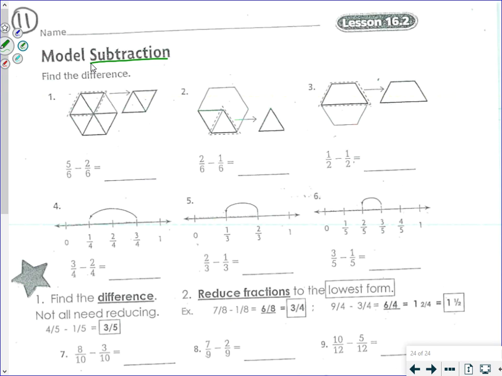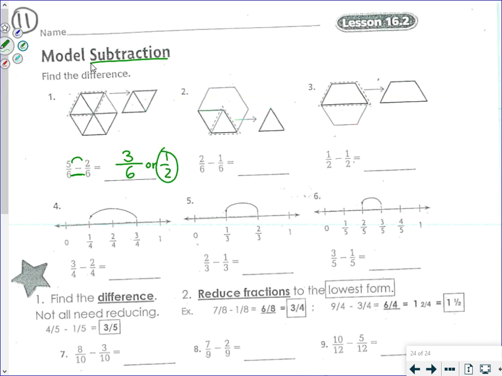Okay. So same thing. Like denominators, so our denominator stays the same. Then we subtract. 5 minus 2 is 3 or 1/2.